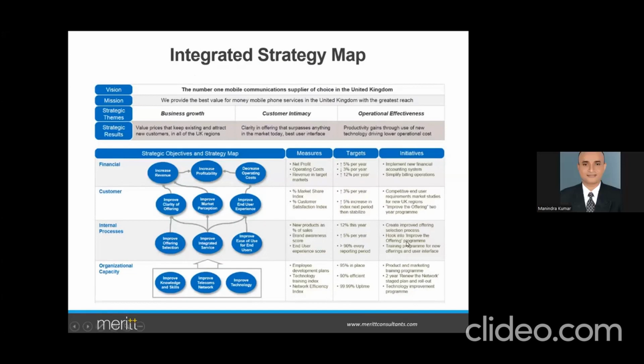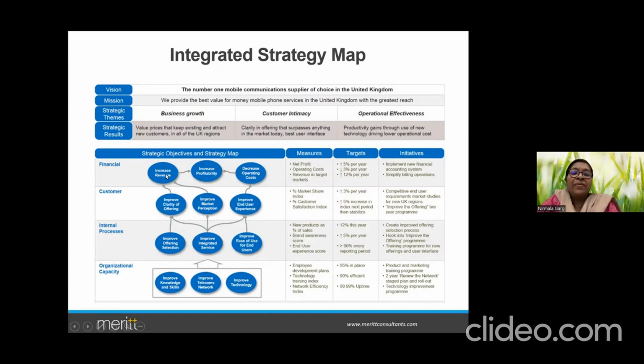So this is a strategy map, which also has a balance scorecard. You can't do a strategy map without a balance scorecard framework. Step 1: it has vision, mission, and the challenges. Then you have the 4 perspectives. For every perspective, you have certain objectives.